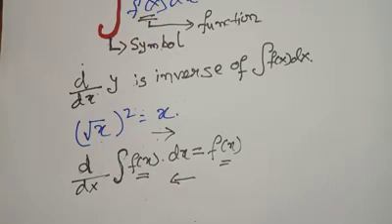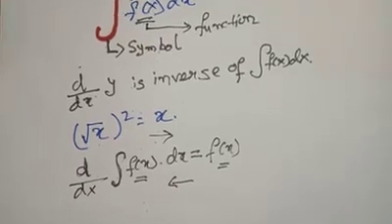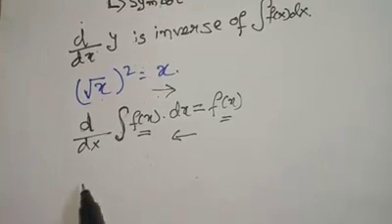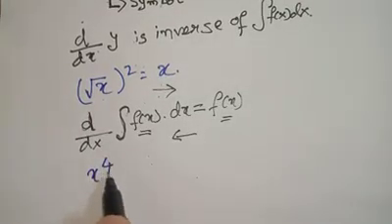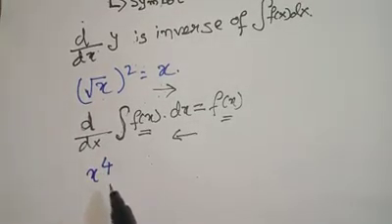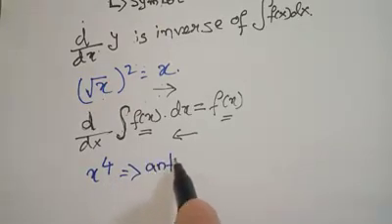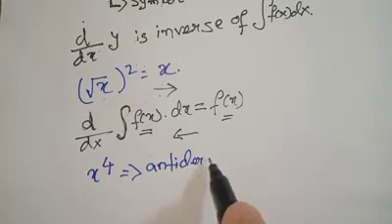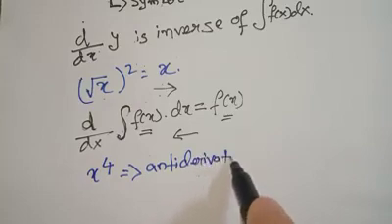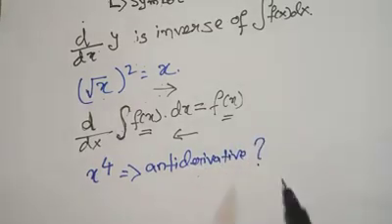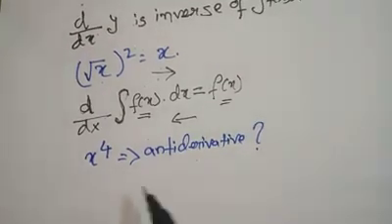In order to show that, I will cite a simple example. Say for example, I have x to the power 4, and we want to find the antiderivative. That means I'm trying to find the indefinite integral of x to the power 4.